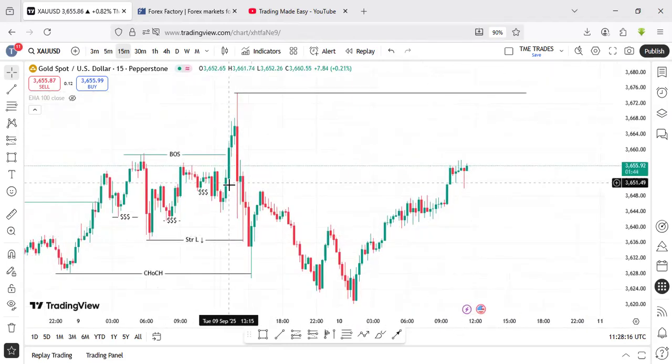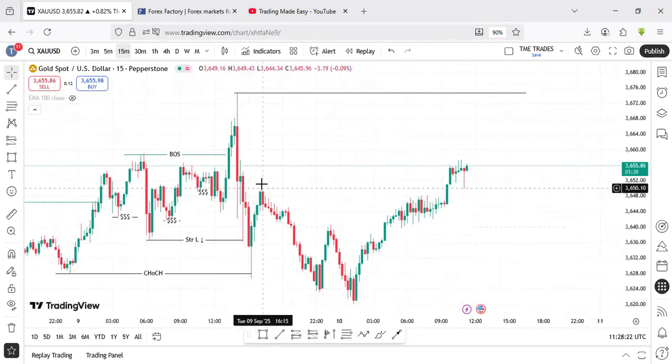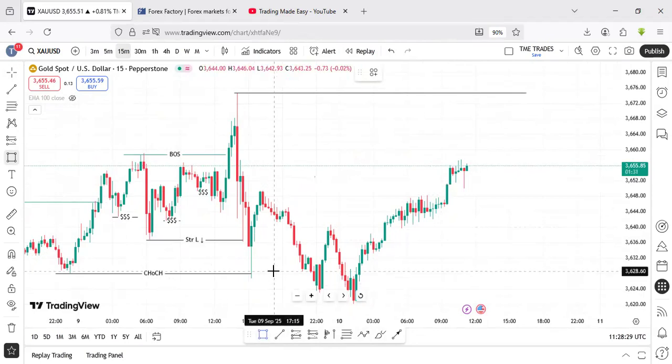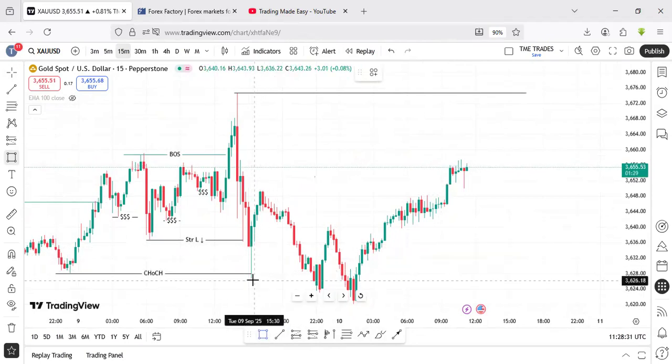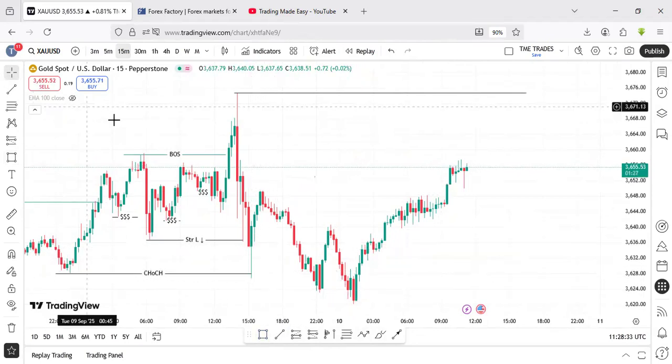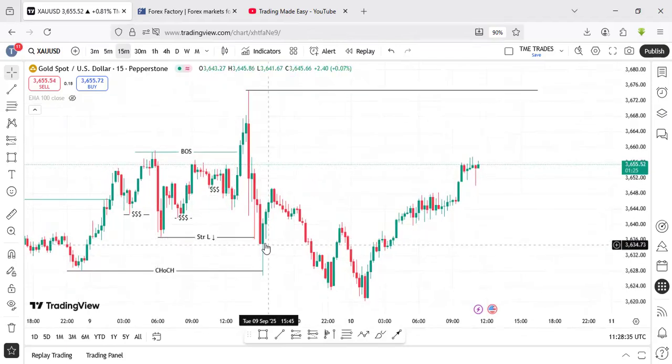Now, after breaking all this, now this market, remember, this is our change of character. Now it pulled back, creating that fake move. Remember what I said? Once market takes out any structure, it will now create a liquidity inside it that needs to be taken out.